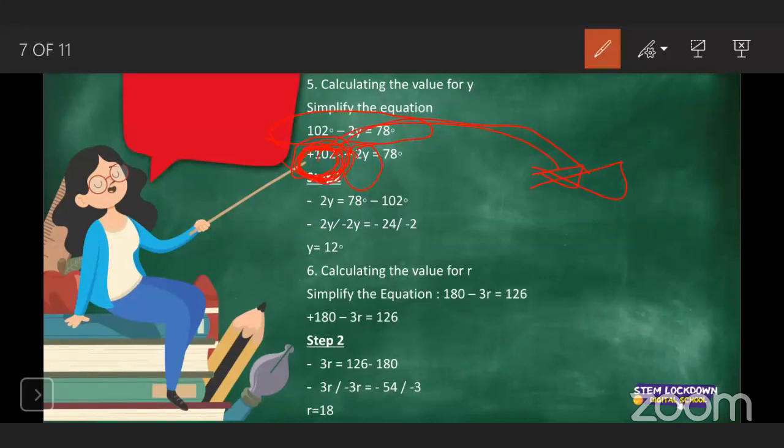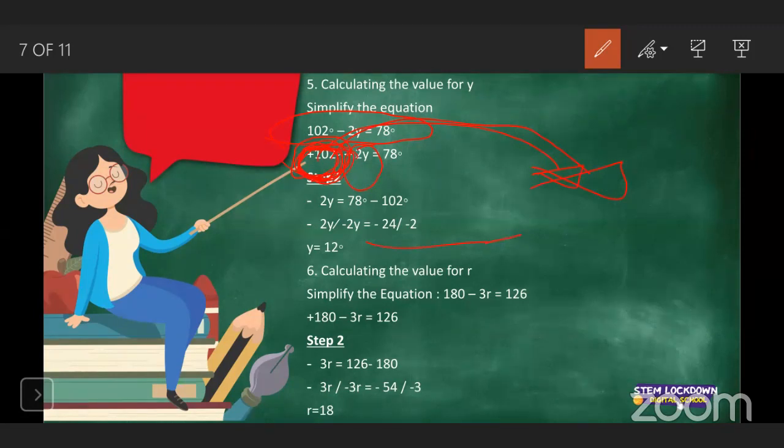Then negative 2y divided by negative 2 gives y, and negative 24 divided by negative 2 gives us 12. So 12 is the value for y.